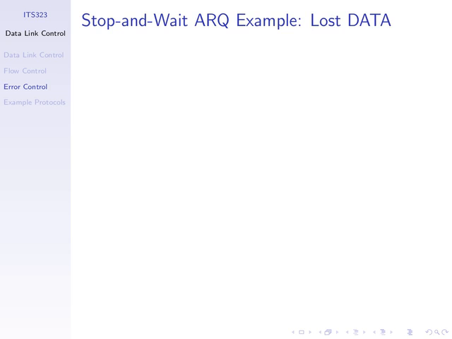So that's simple. If we lose data, time out, retransmit. What if we lose an ACK? Transmit some data.